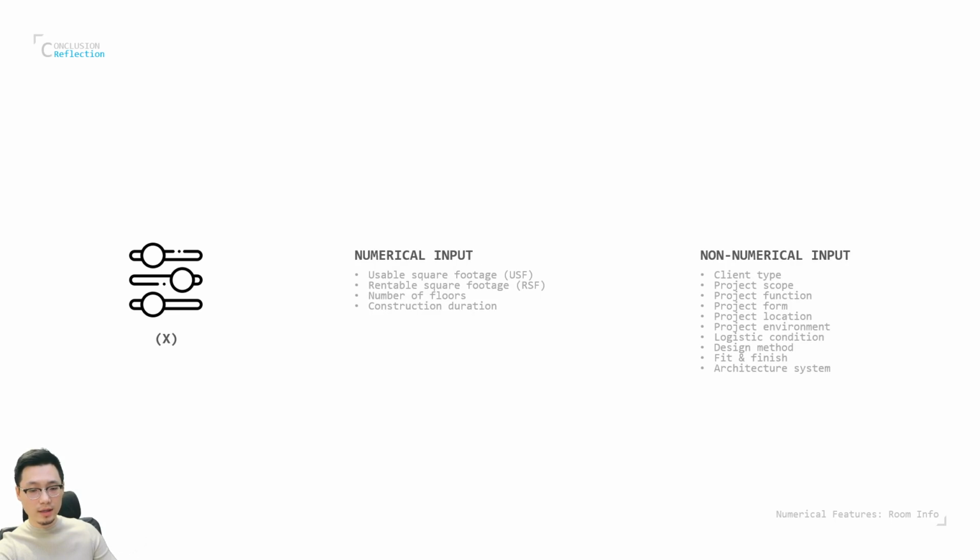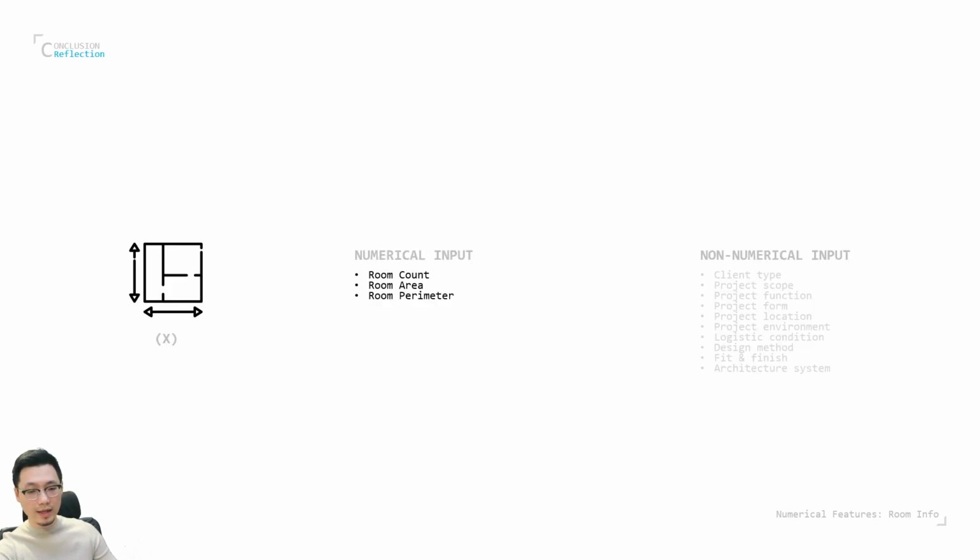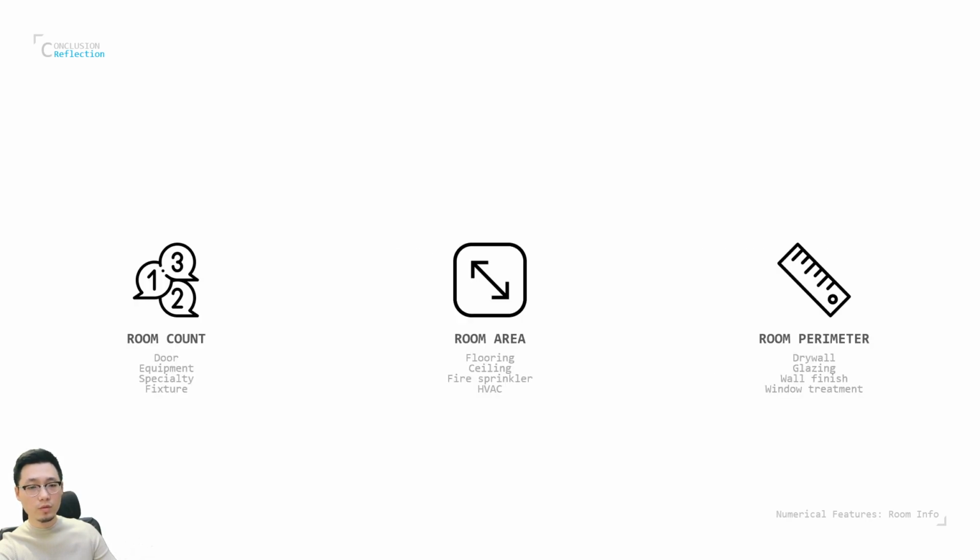We can also take a closer look at the inputs. Instead of having usable square footage, rentable square footage, number of floors, and construction duration as numerical input, room-related information could be more relevant. Room count can determine door, equipment specialty, and fixture quantities. Room area is strongly related to floor and ceiling areas, and fire sprinkler and HVAC zones.